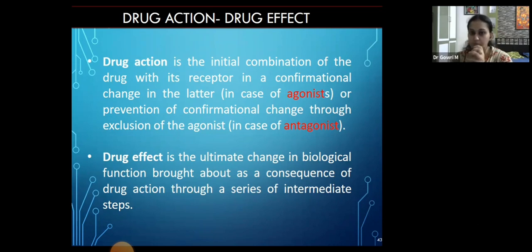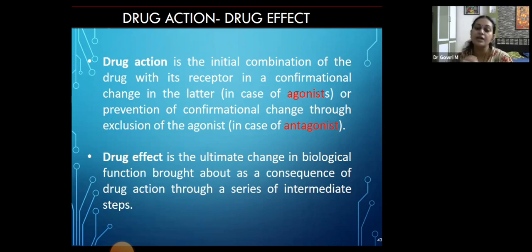It is a lock and key procedure. A receptor has an area, and the drug's active principle has a head, which should get locked inside the hole or key of the receptor. Only when it gets locked is a particular drug action elicited.